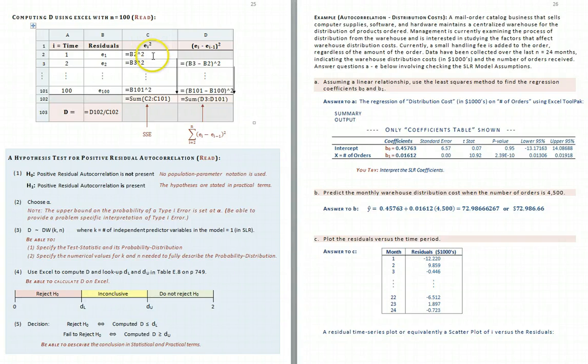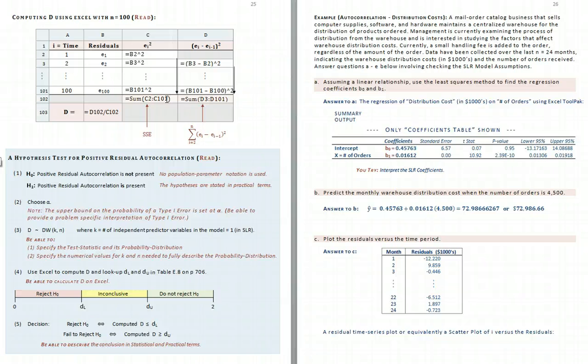Column C squares the residual values and adds them up to obtain SSE. Column D indicates the squares of the differences in consecutive residuals. Summing column D then gives the numerator of D. Thus, the value of the Durbin-Watson statistic is the quantity in D102, the numerator, divided by the quantity in C102, and that's just SSE.